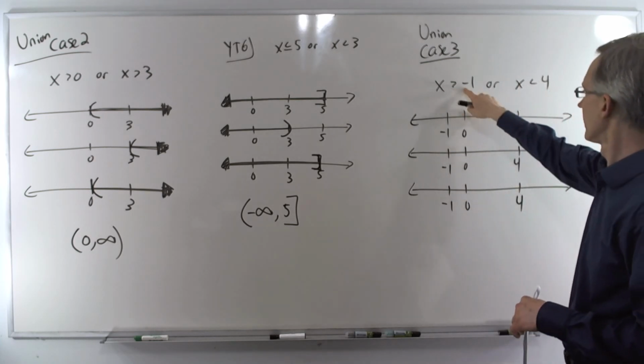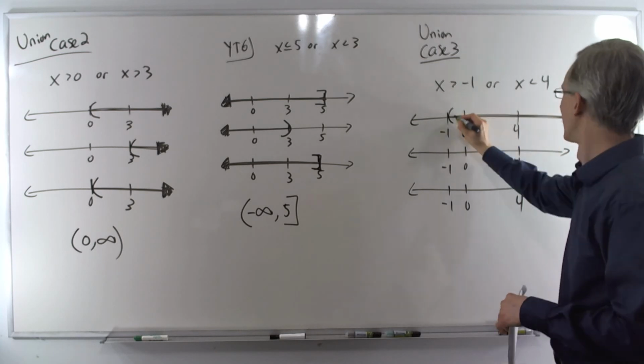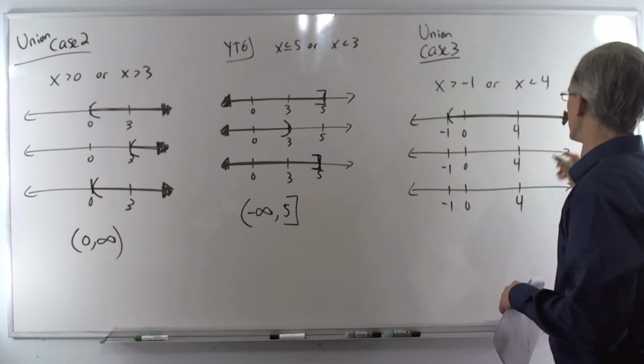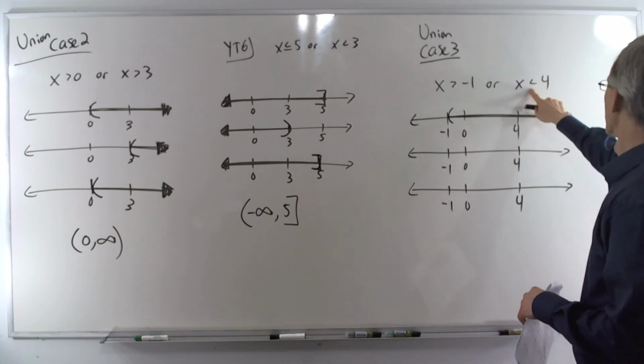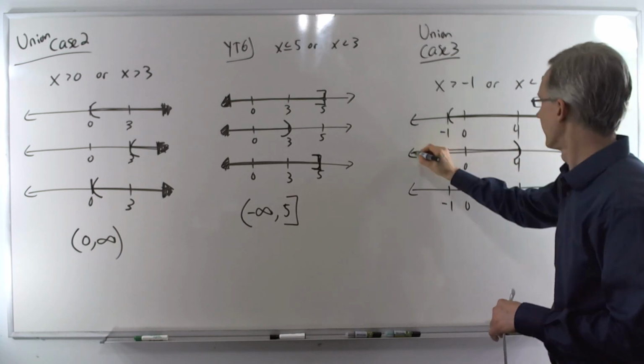X greater than -1, so parenthesis here all the way to the right. X less than 4, so you've got a parenthesis all the way to the left.